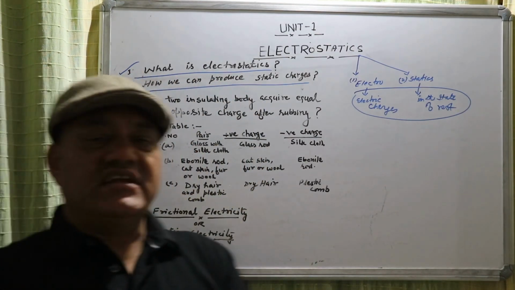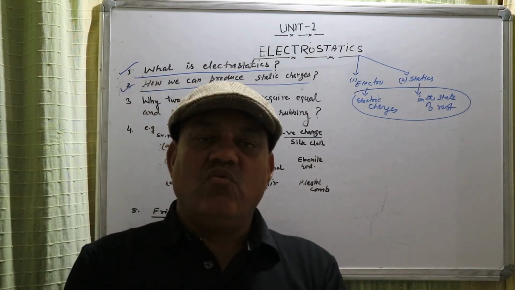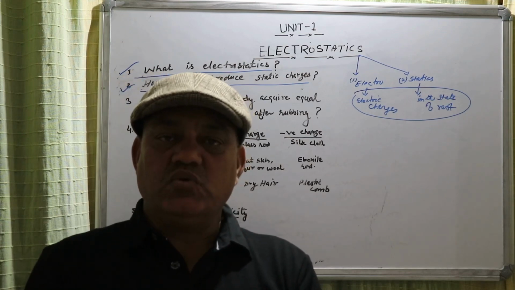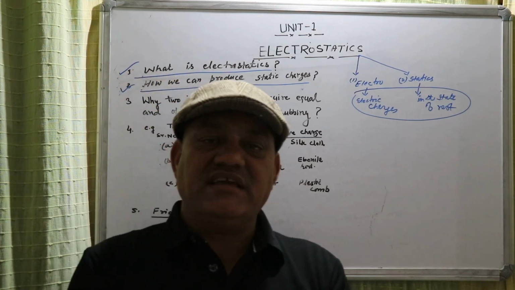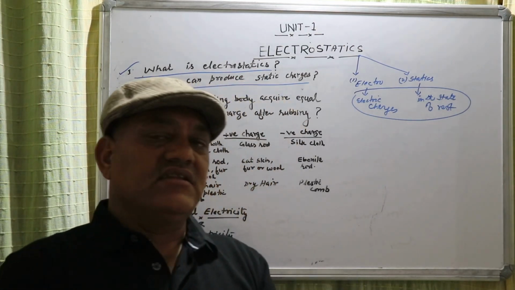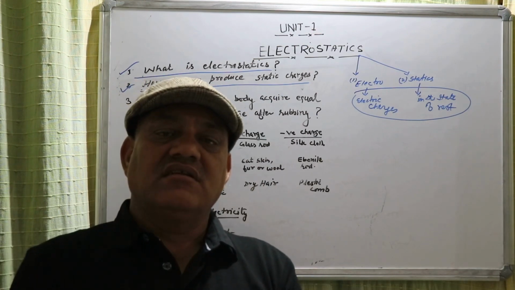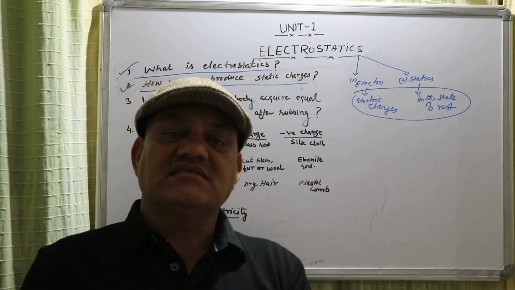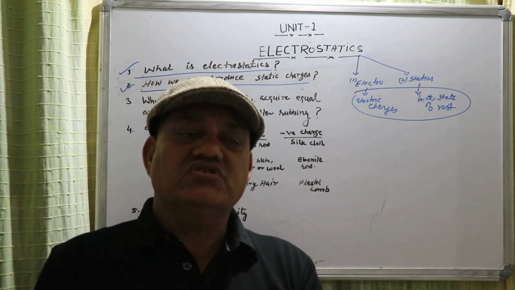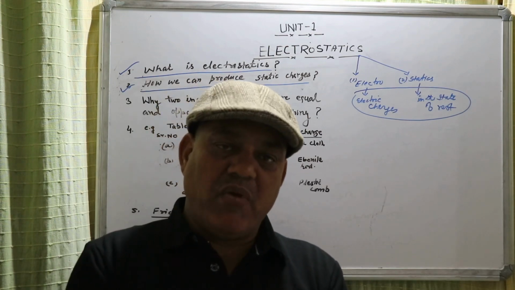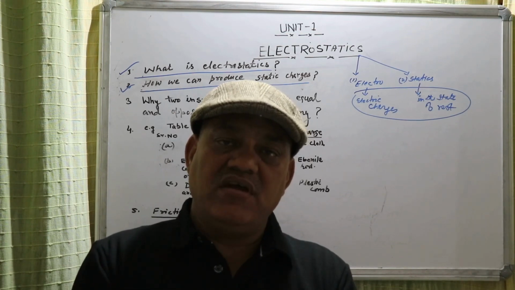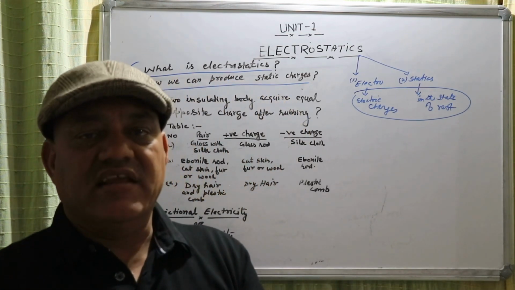So, to produce the static charges, when we rub two suitable insulating bodies against each other, then due to friction, both the bodies acquire equal and opposite charge by the net transfer of electrons from one body to another body.